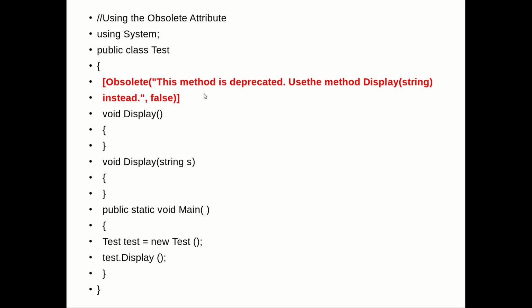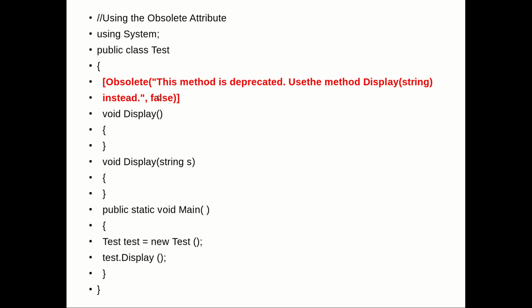This was the demo program we have seen. I declared the attribute Obsolete just above the Display method. I used the string here, which is the information, and the second parameter is true or false, which specifies whether to generate an error message or a warning message.